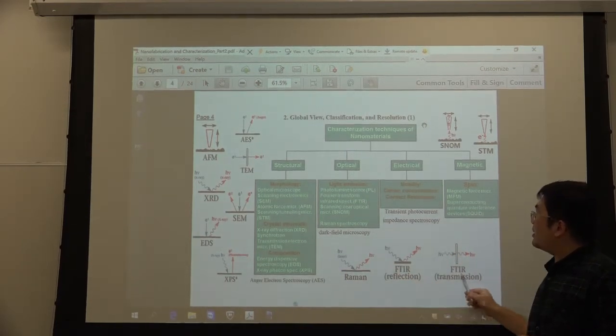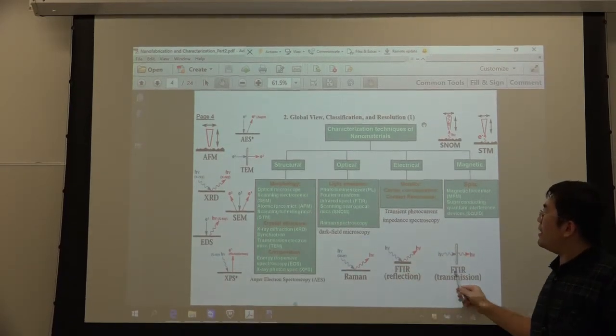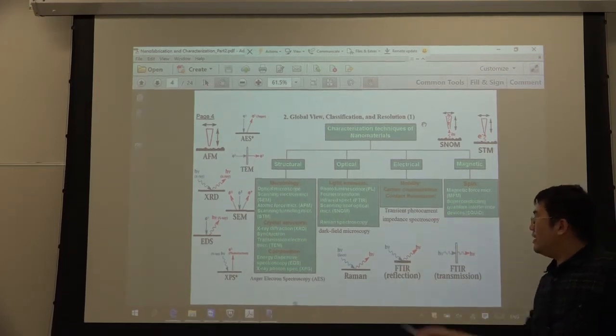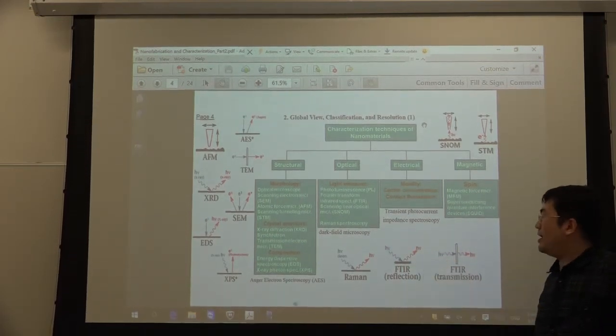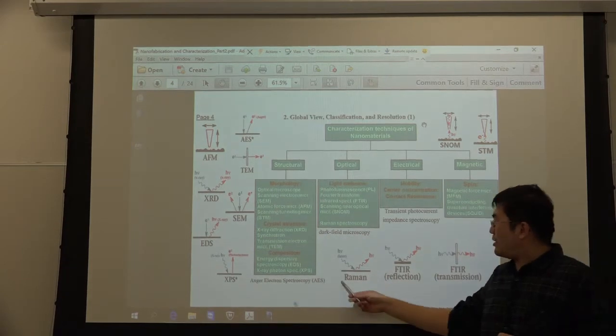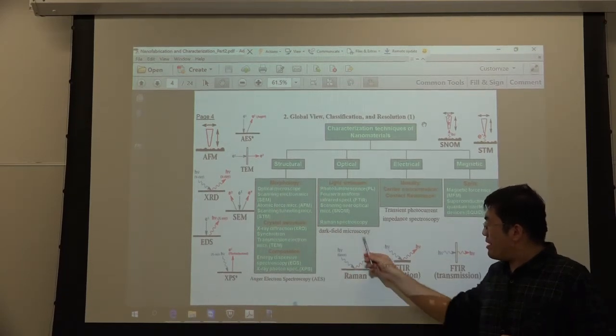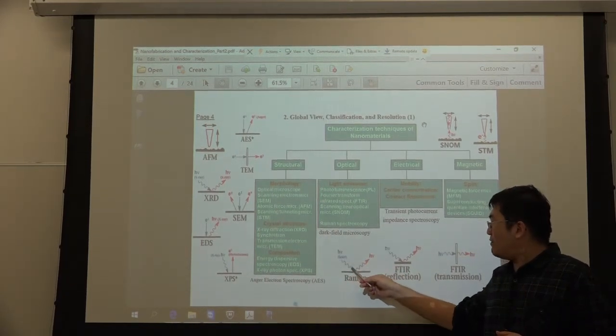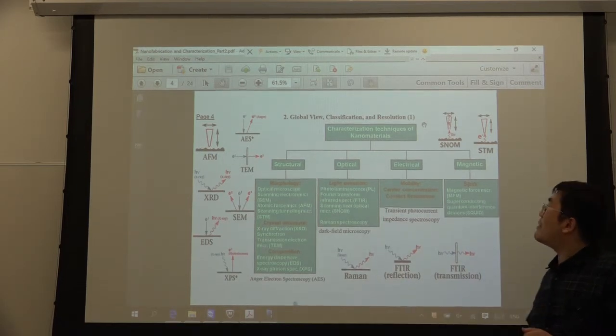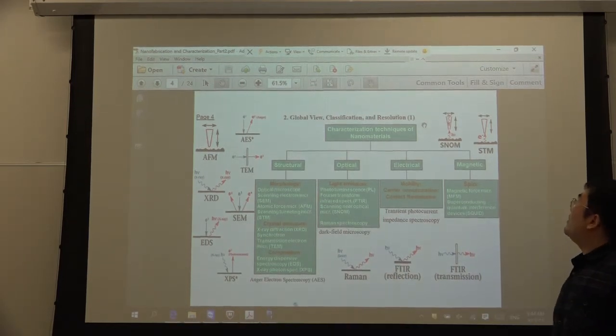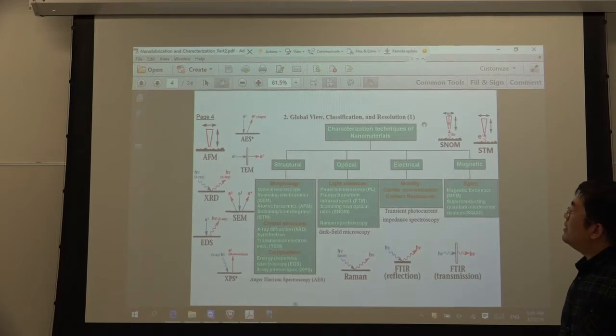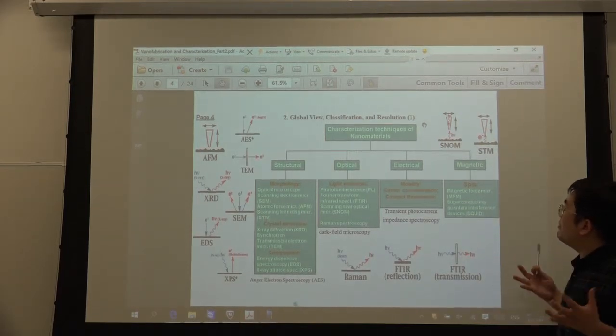Similar to that is Raman scattering. Everyone remembers Raman scattering, right? You give a high frequency and get a lower frequency back. This is the basic cartoon picture, giving a basic configuration.